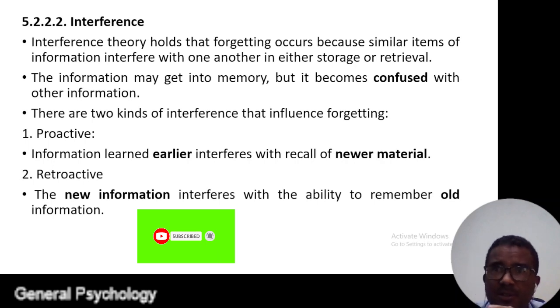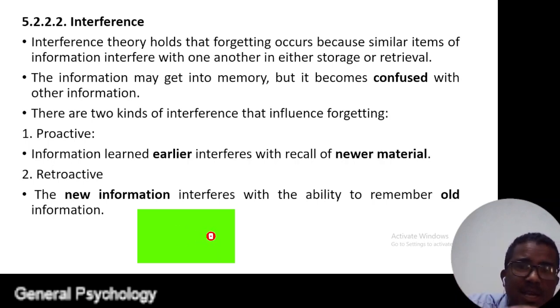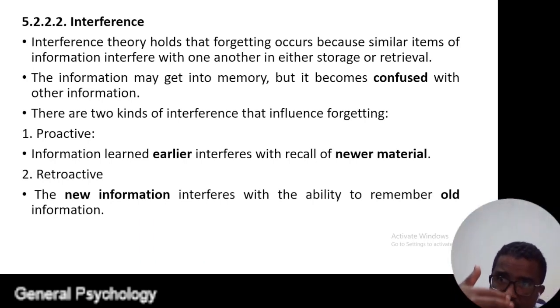One piece of information interferes with the other, or the other information interferes with this one. Such a process is interference. There are two kinds of interference that influence forgetting, which are proactive interference and retroactive interference.